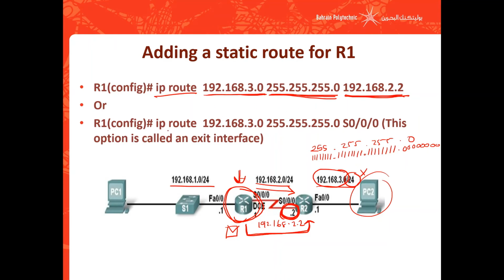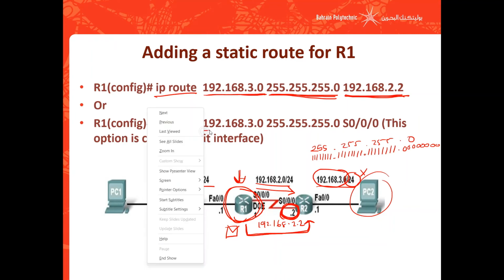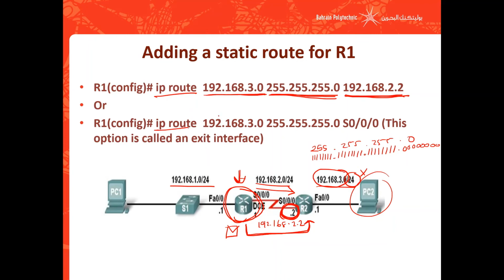The other way is basically you just write IP route, okay? And then the same network address along with the subnet mask. But instead of the next hop IP address, you can put the interface that is the exit interface.